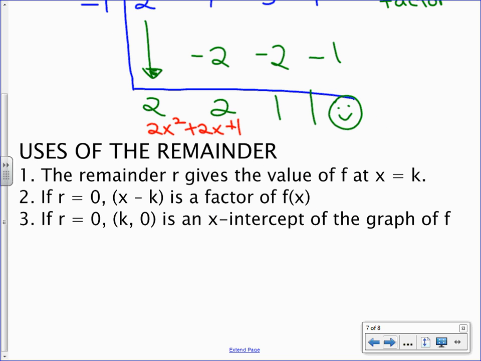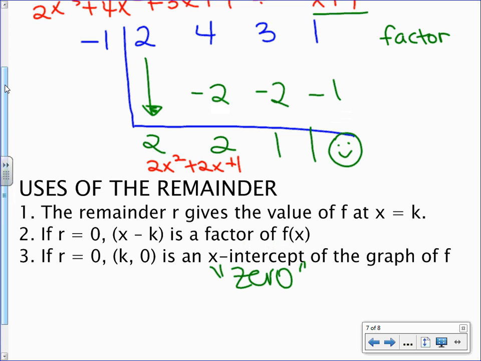First of all, the remainder gives us the function value, right? In this case, 0. If our remainder is 0, then we have a factor. If we have a factor, we know a 0. This will be important next week when we start to find zeros using synthetic division. So the remainder is our function value.